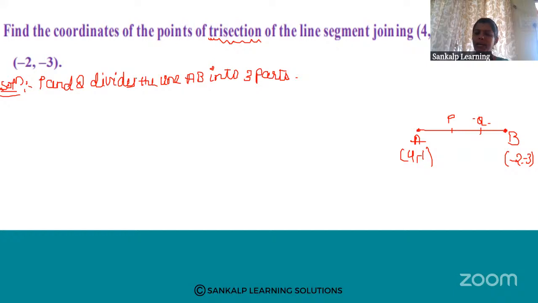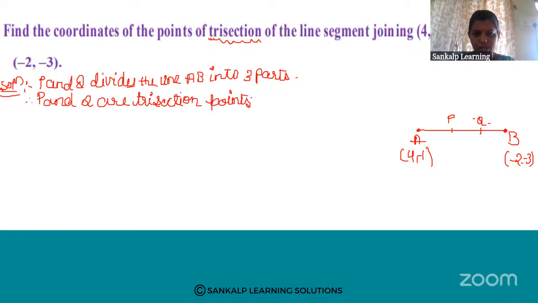That means P and Q are the trisection points of AB. Therefore, P and Q are trisection points of AB. That means AP is equal to PQ is equal to QB. All the distances are the same here: A to P, P to Q, and Q to B.